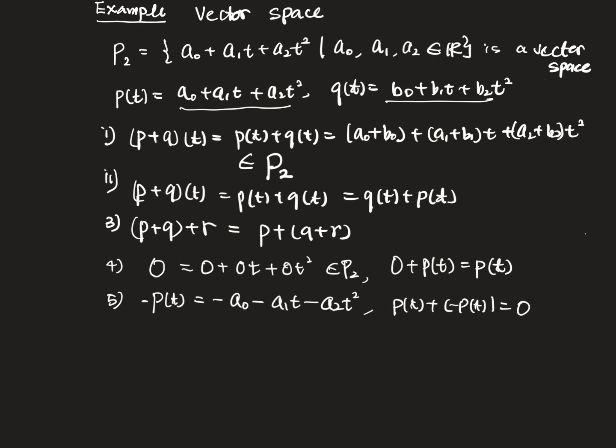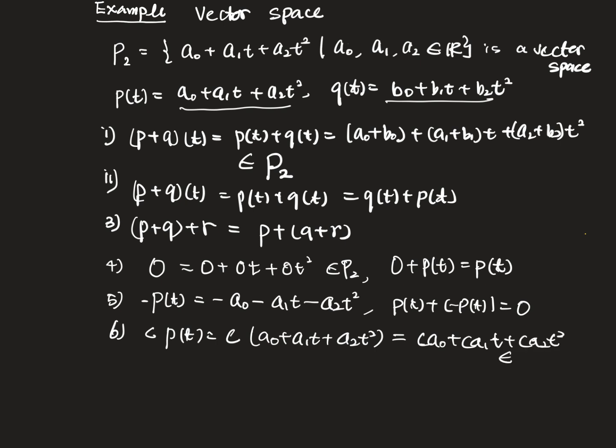Now, 6 is scalar multiplication. So c p(t) is going to be what, guys? c times (a0 + a1t + a2t squared), that's going to be c a0, c a1t, c a2t squared.